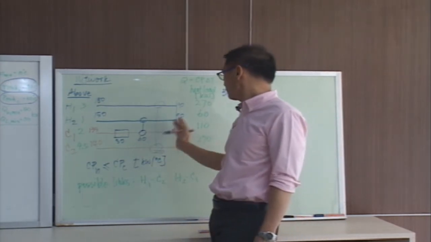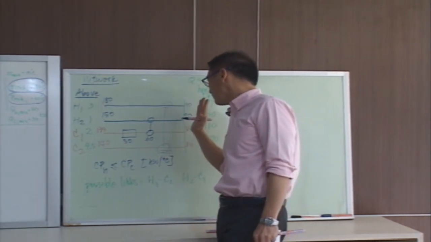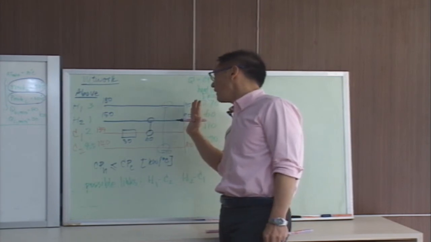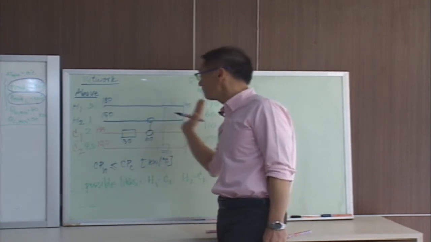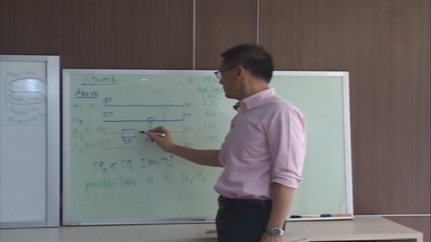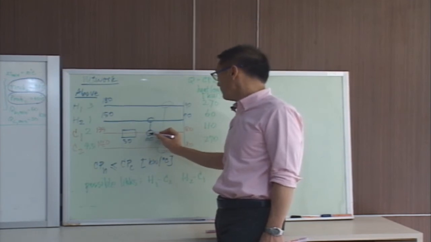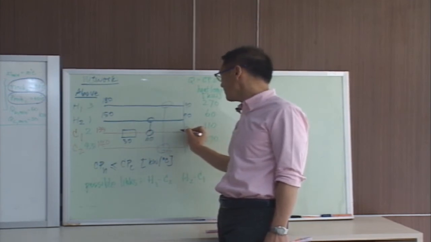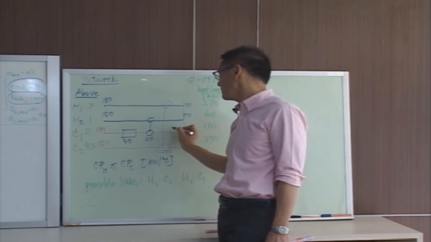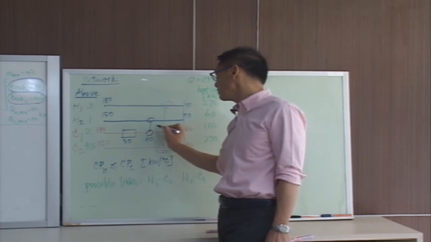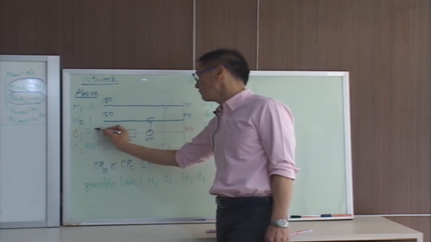So in this case, start from the pinch line to the left. It looks like we would like to increase the temperature from 80 degrees Celsius to a higher one.